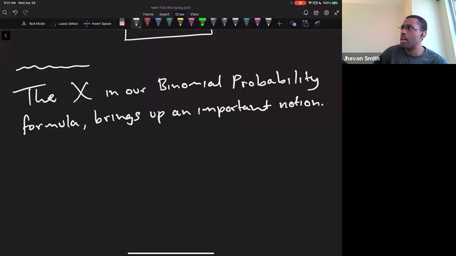So the invention of this concept is really to allow us to use what we know about functions and calculus and all this other fancy math that we know in probability. And so what we do need to define is some sort of variable in probability that we can treat as a function to do stuff with it. And that actually opens up a whole new world of probability and statistics, believe it or not.